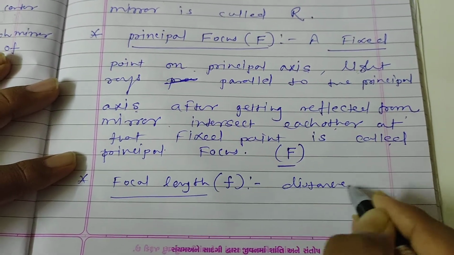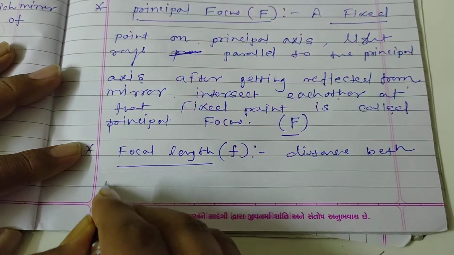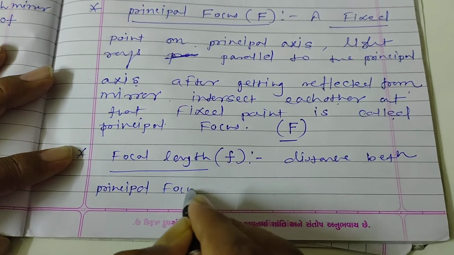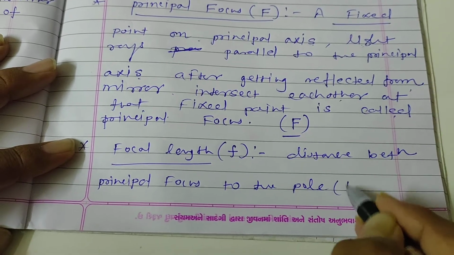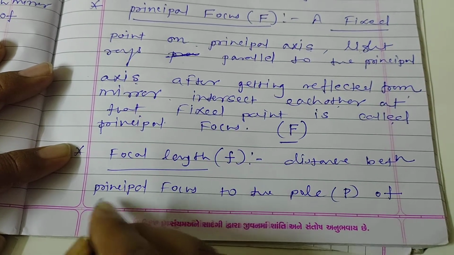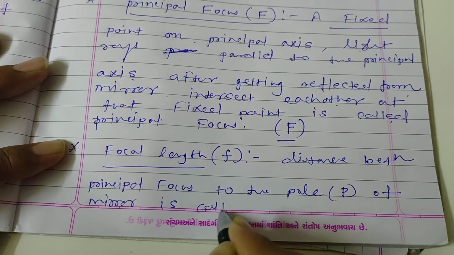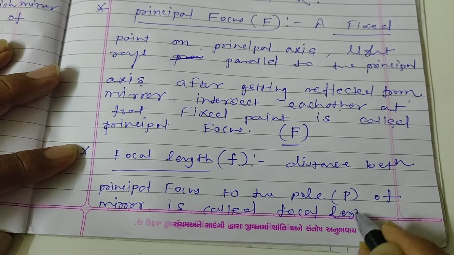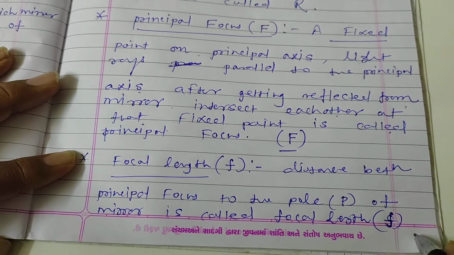The distance between the principal focus to the pole of the mirror is called focal length, small f. That's it.